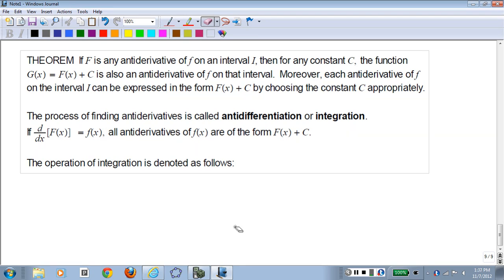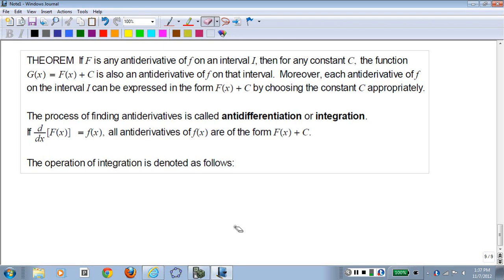That's easy enough to check. Just take the derivative, and g prime of x equals f of x. But a stronger statement, which we won't prove, is that every antiderivative, if there's an antiderivative at all, must differ from that first antiderivative we found by some constant.